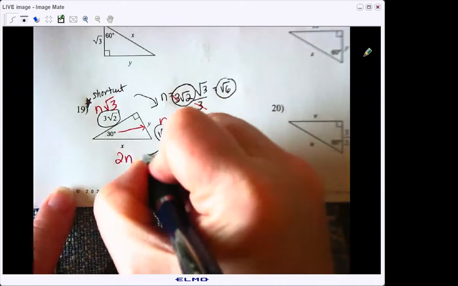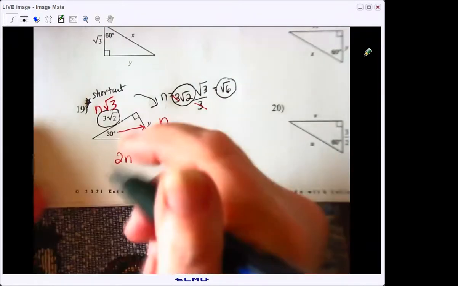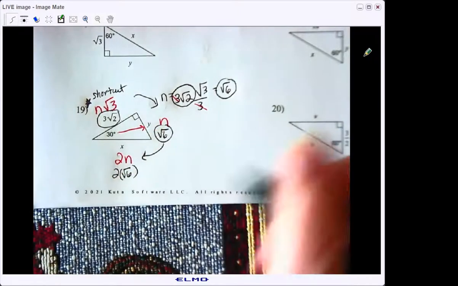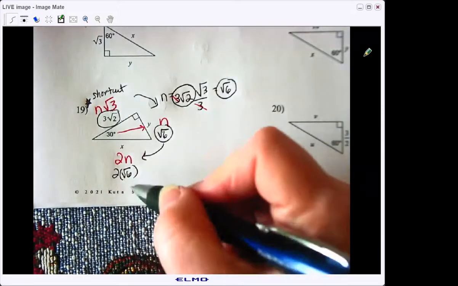So then we go to the hypotenuse. And what do I get when I multiply root 6 by 2? 2 root 6. Good. That was kind of a trick question because if you substitute it in, like, oh, well, that's an outside number and an inside number.